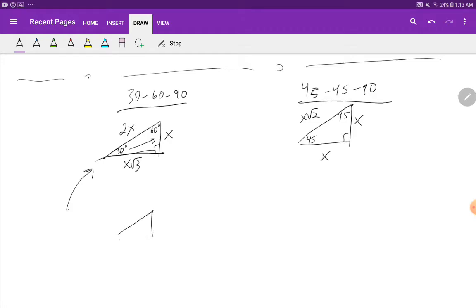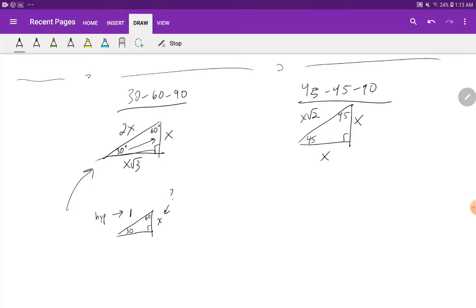For example, on the 30-60-90, if this value is 1, because remember, that's the hypotenuse of the unit circle, then I can figure out what x is by using the relationship above.